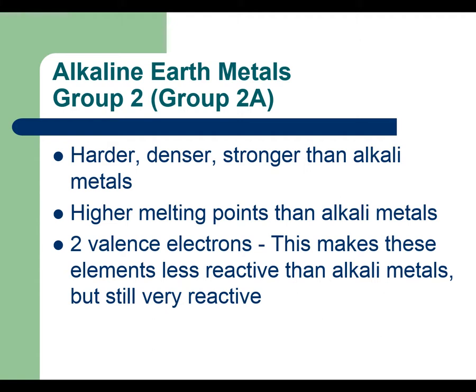But alkaline earth metals have to give away 2 valence electrons. And that's a little bit harder. And that means that they are less reactive, but still pretty reactive. Okay? Good there?